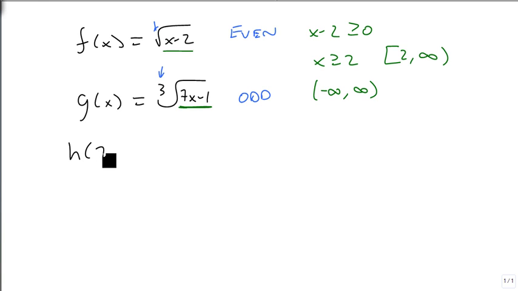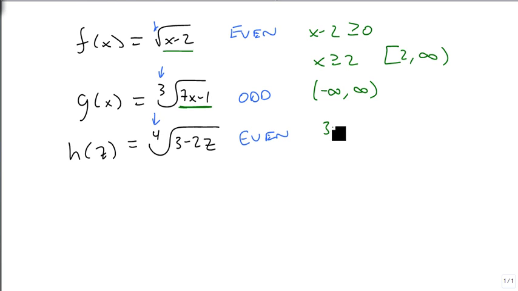If h of z equals the fourth root of 3 minus 2z, we again notice that because it's a fourth root, it's even.